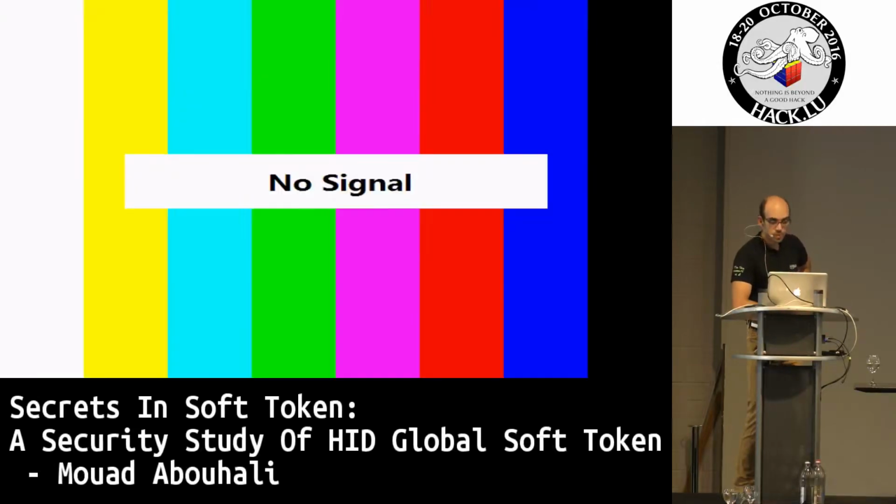So the third vulnerability. Having this in mind, we can state that an attacker can clone and enroll the HID soft token application. He has to copy the HID configuration files, the OTP token device and the OTP token status, and for that, he needs root access on the device. At this level, you can imagine all the scenarios.